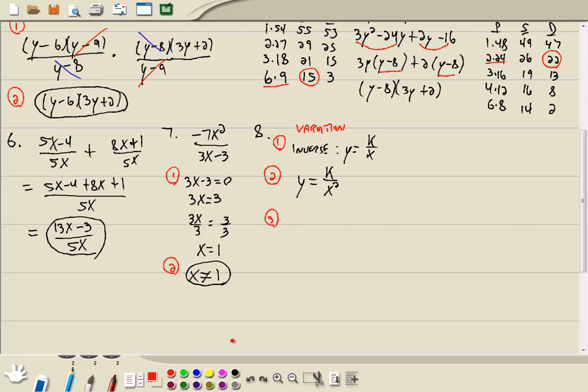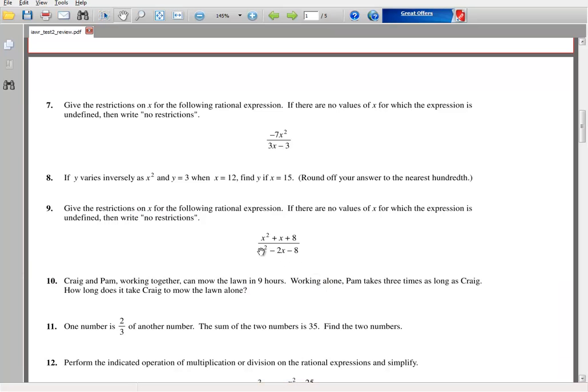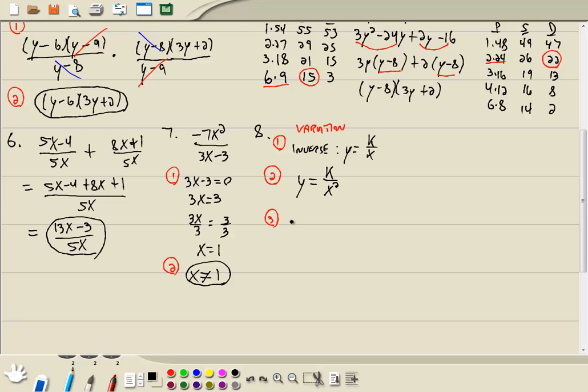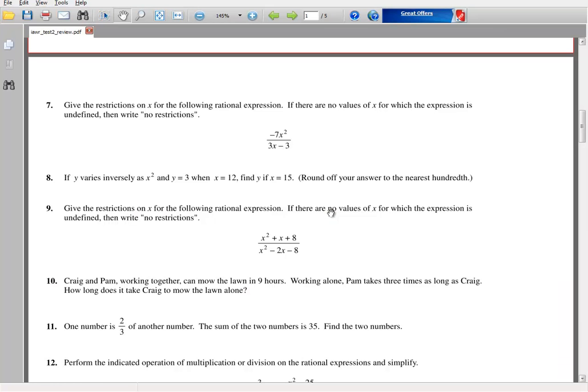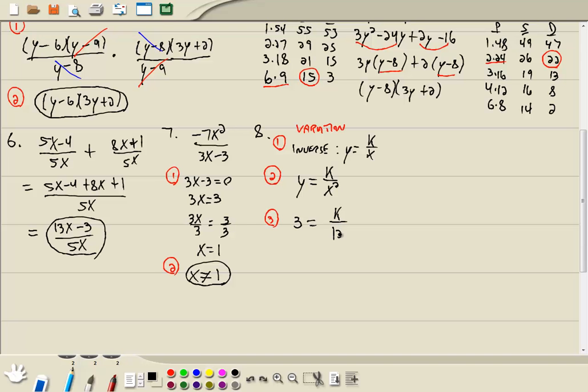Step 3. Look for your one example. Varies inversely as x squared, and y is equal to 3 when x is equal to 12. There's my example. So we got y is equal to 3 when x is equal to 12. Now I want to solve for k. 12 squared is 144.